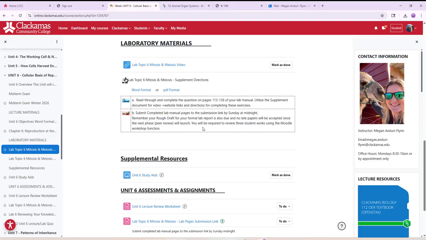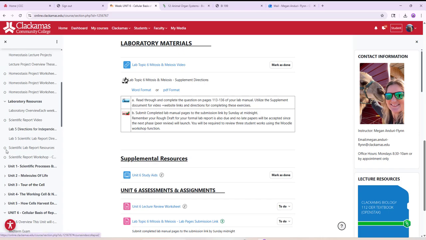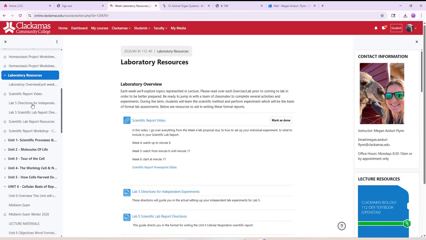So this week you need to come together and write the rough draft, and that is all covered under the laboratory resources section.